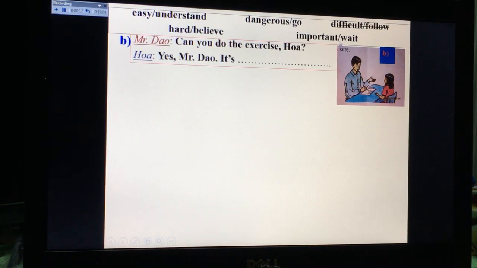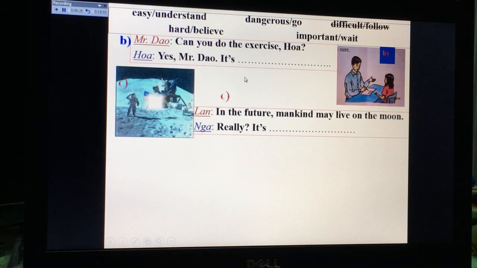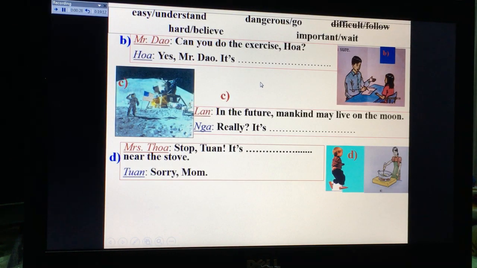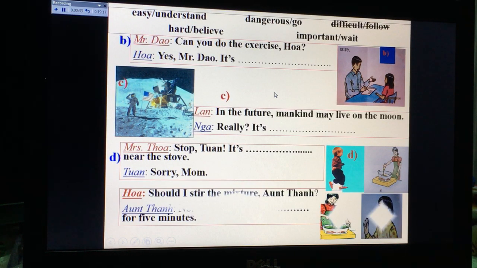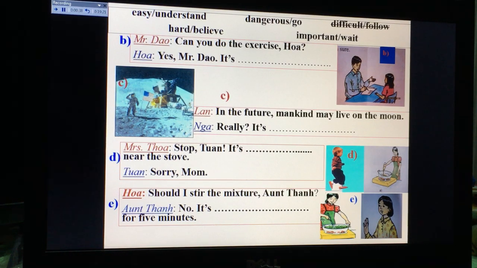Remember you put to after adjectives here. So follow the meanings here. In the situation, we can choose the correct answer. Now look at the other situation. Now you stop the video and you finish the exercise, and then I help you with the answer.